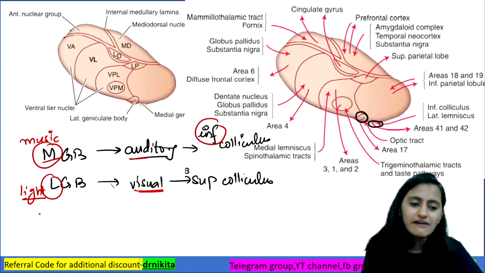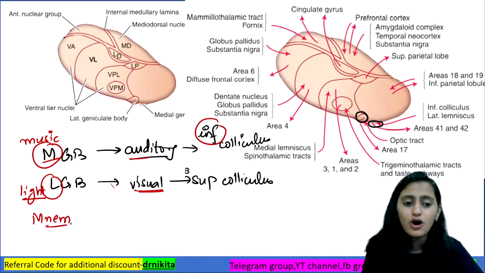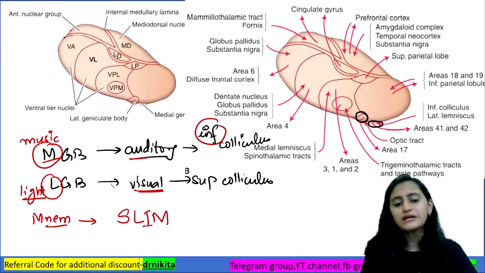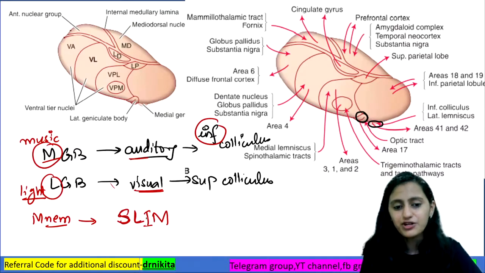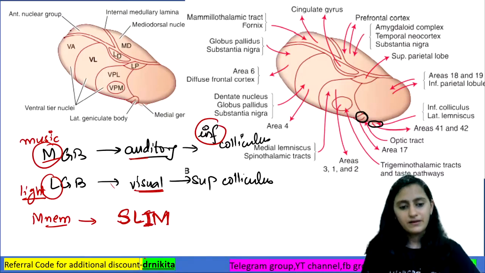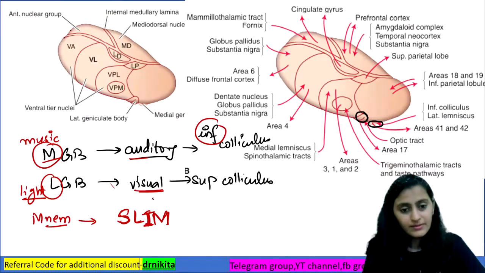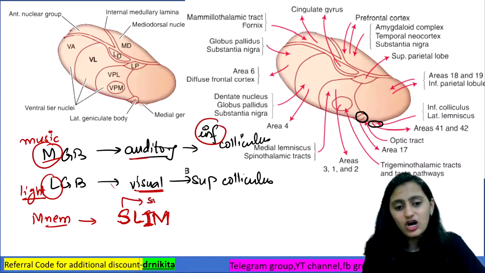I hope all of you know the mnemonic for the auditory pathway also. What is the mnemonic for the auditory pathway? To arrange the auditory pathway, what does S stand for? You have SLIM. What does SLIM stand for? S is your superior olivary nucleus.